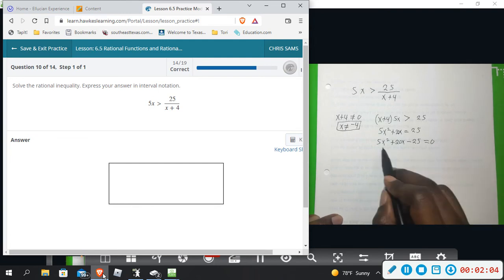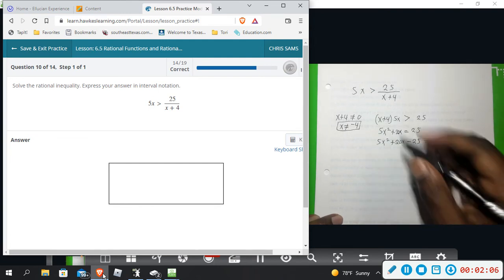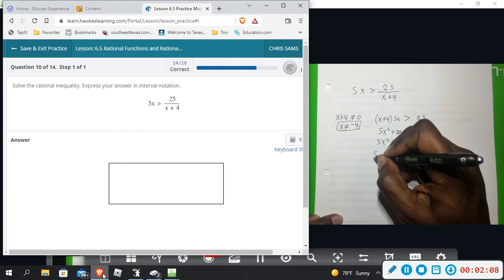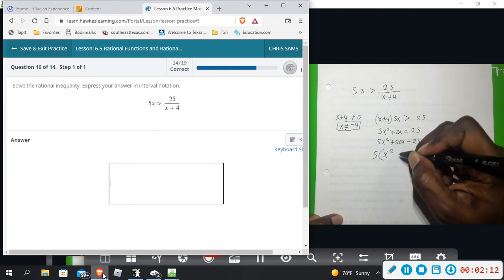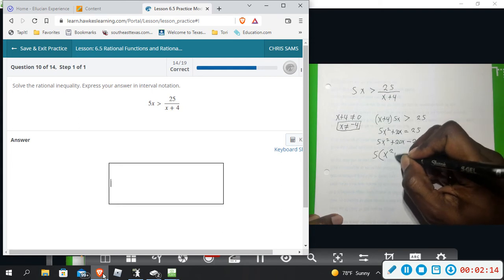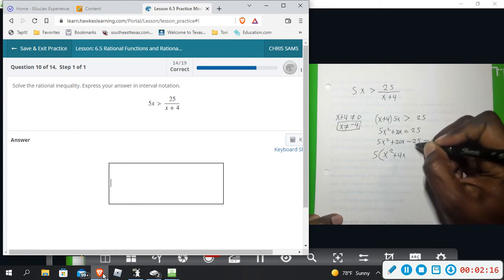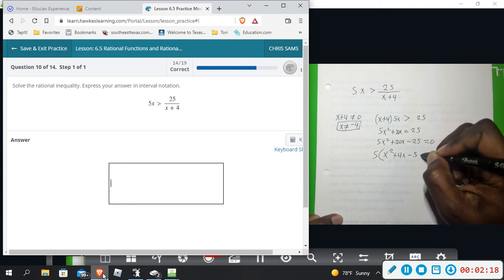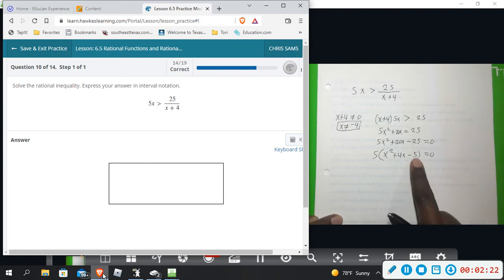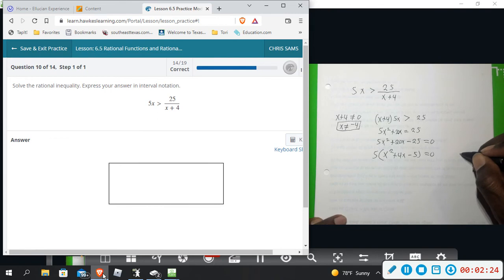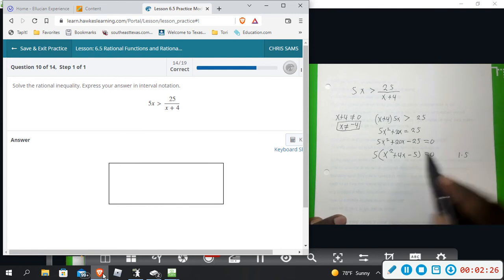Now, in factoring this, I want to factor out a 5, make these numbers smaller, so that will give me 5 times x squared plus 4x minus 5 equals 0. Alright, and now I can factor this. Factors of 5 are just 1 and 5. If I subtract those, I will indeed get a 4.